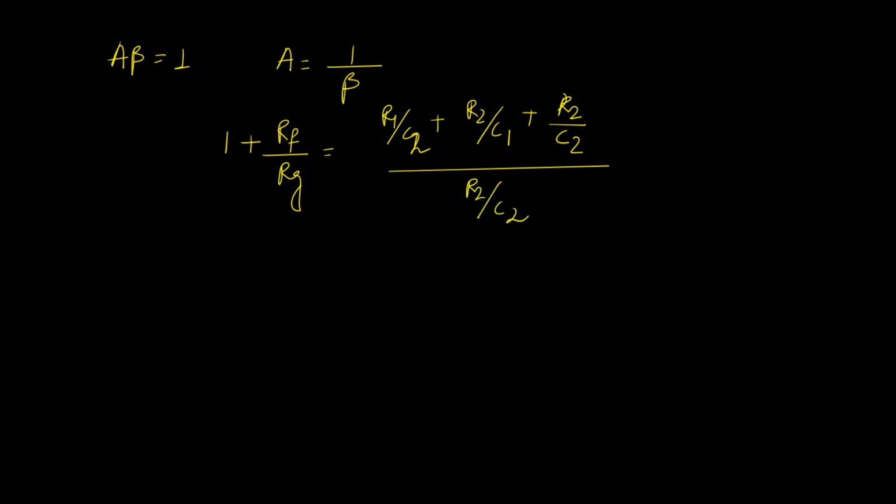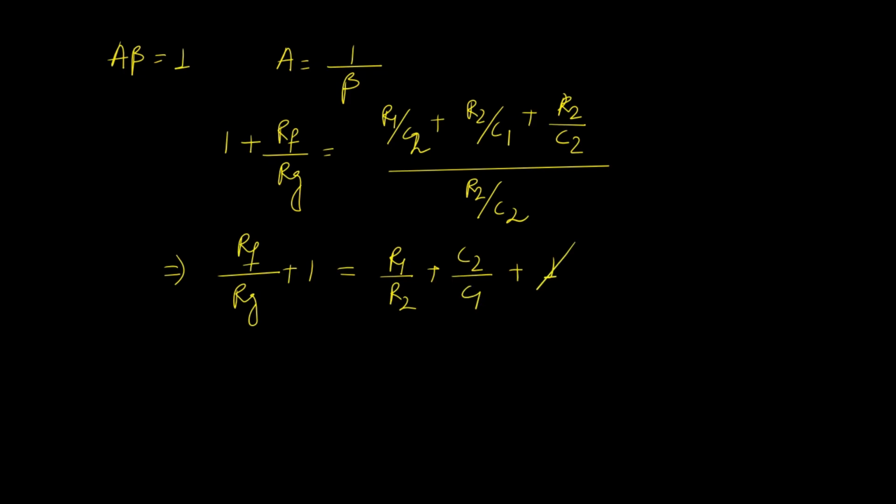So Rf by Rg plus 1 equals, cancelling out the common part, R1 by R2 plus C2 by C1 plus 1.